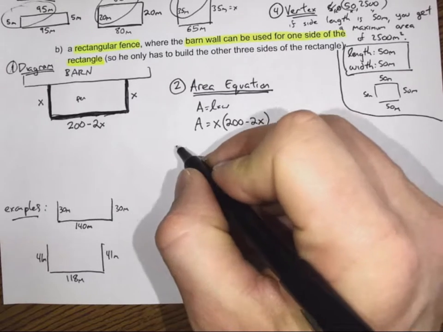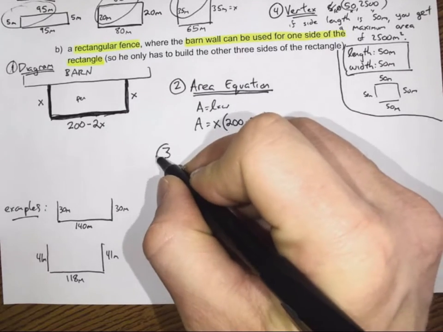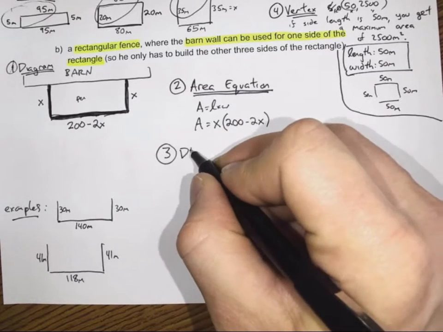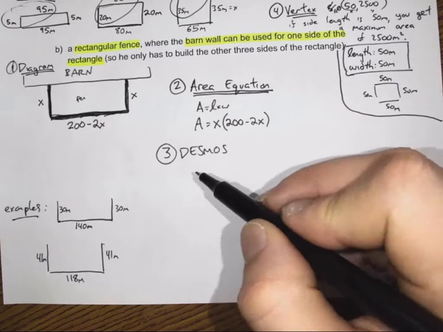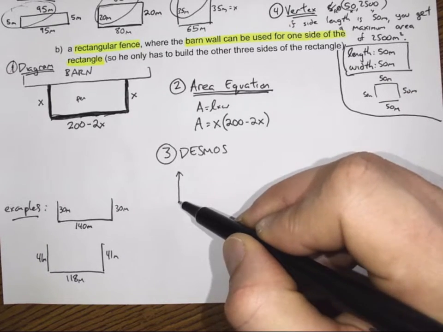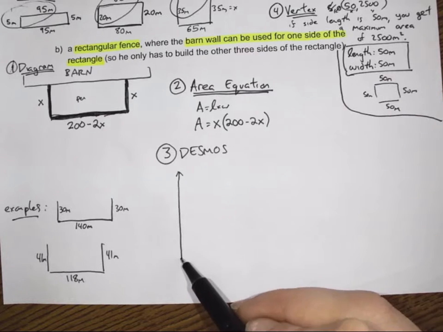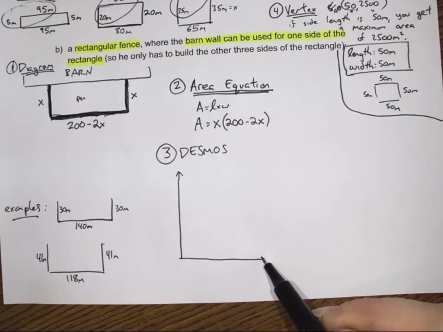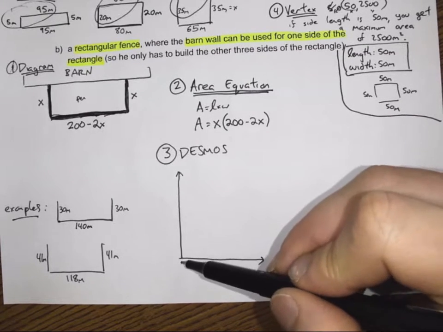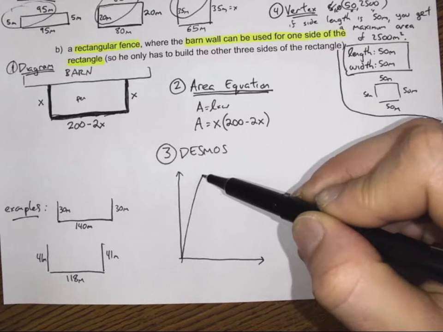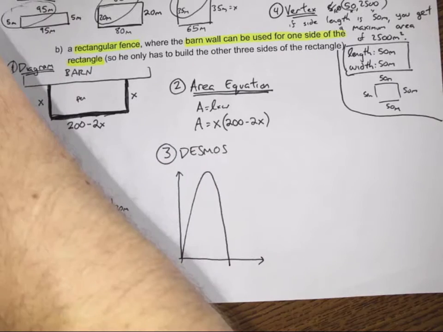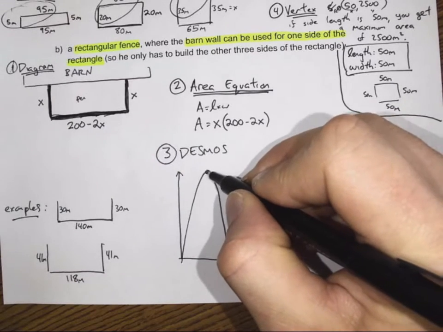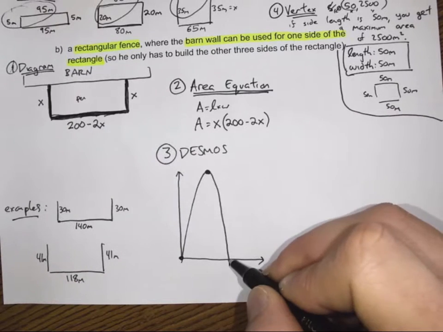That's something we can throw into Desmos. So step 3 is we're going to put that into Desmos. And if we do that, we end up with a graph of a parabola, and depending on how you define your window, it could look something like this. And at some points, we have a point here, a point here, and a point here.